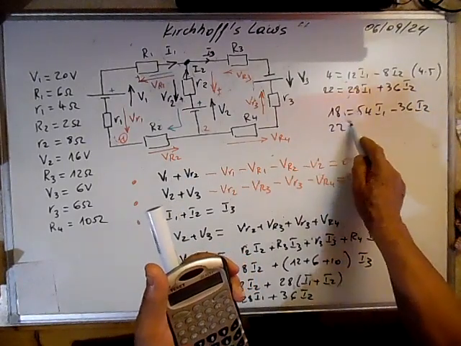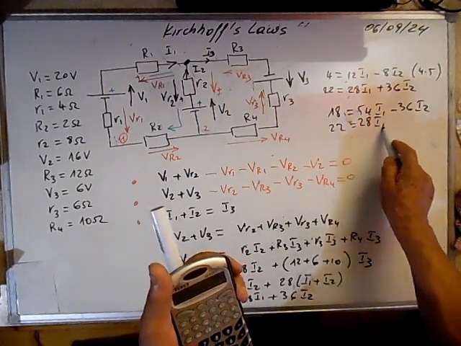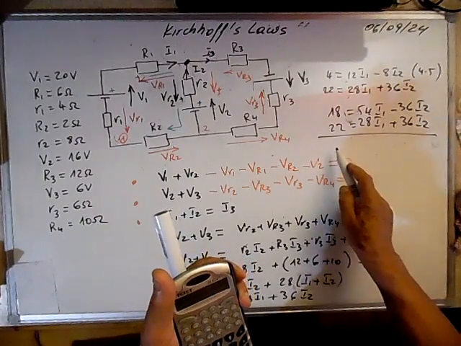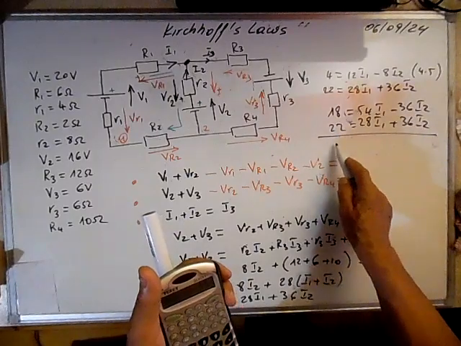Here, second one, we'll write it down here, plus 36 I2.